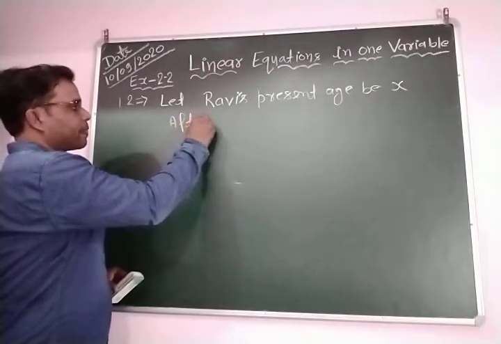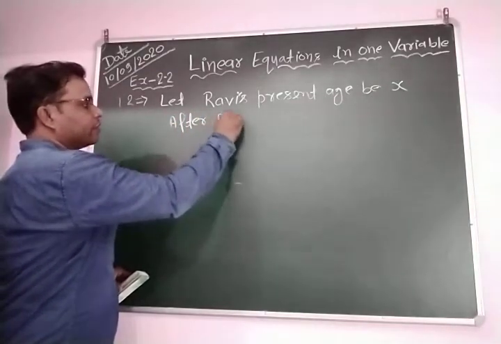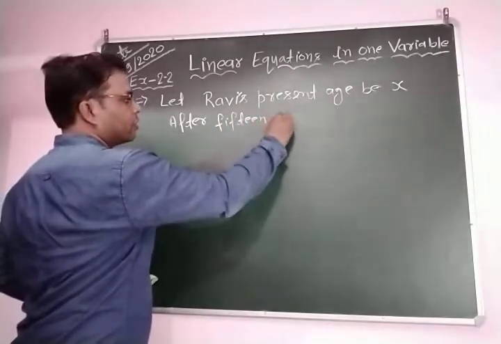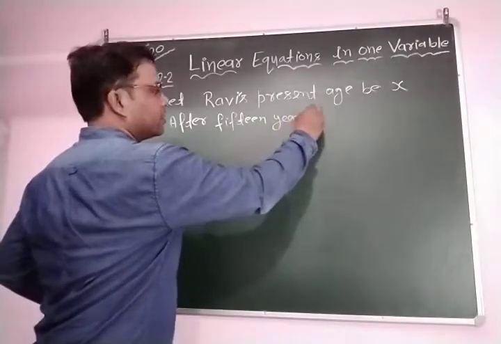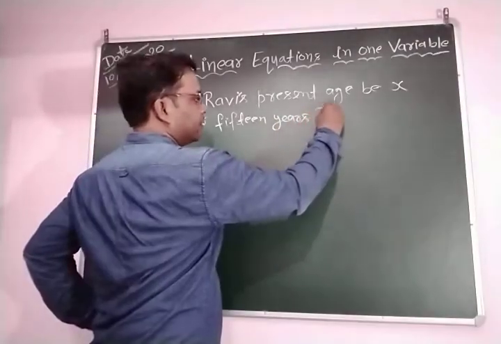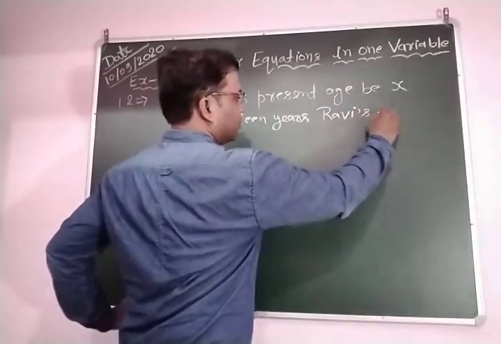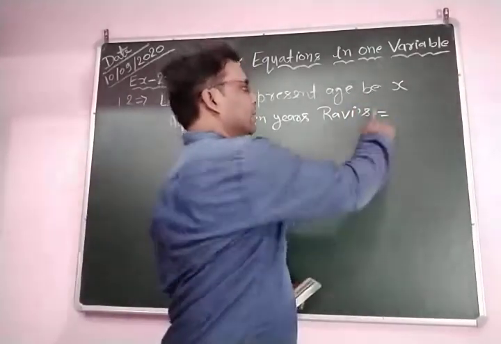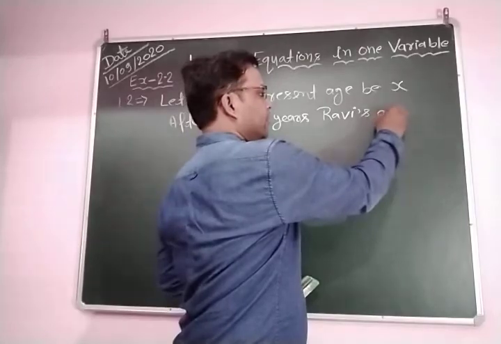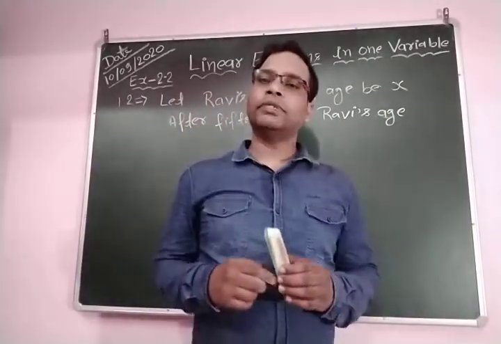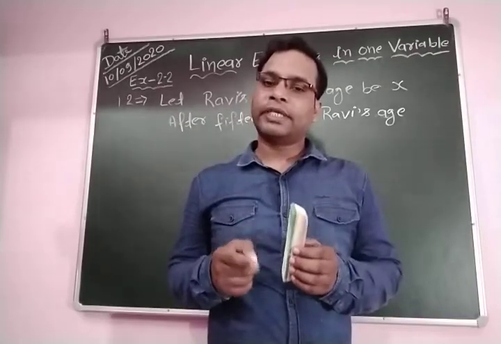After 15 years Ravi's age is equal to, as given in the question, 4 times his present age.